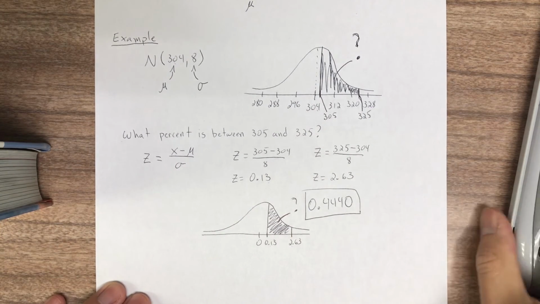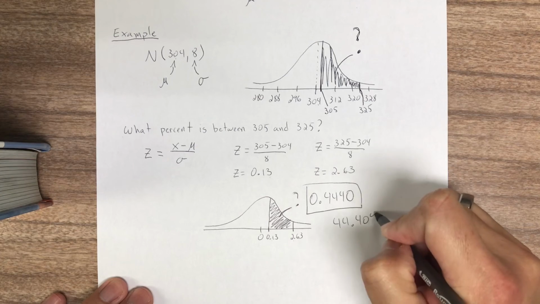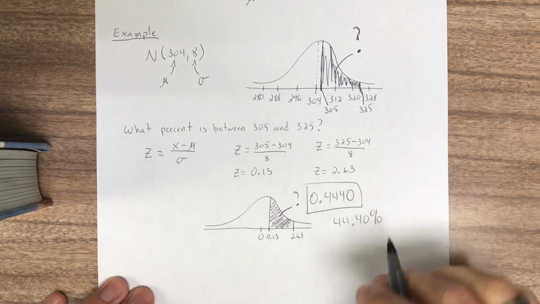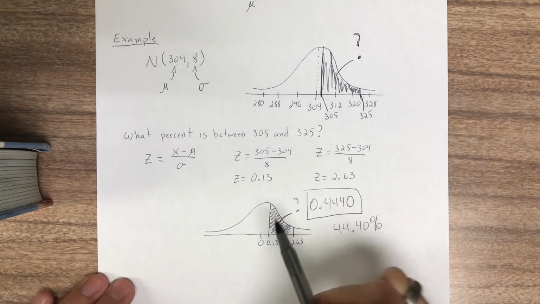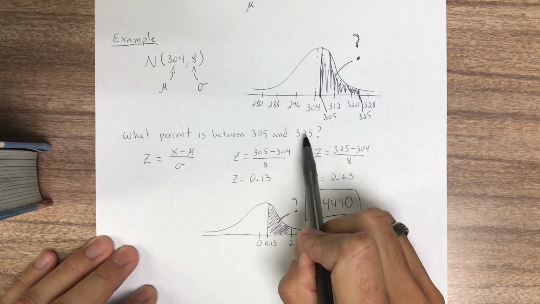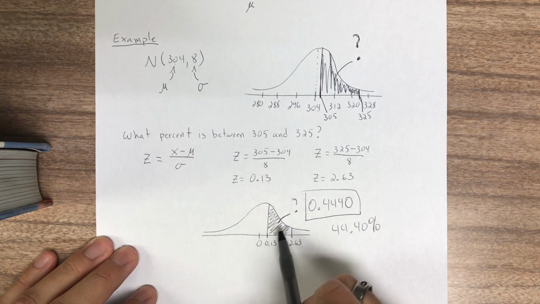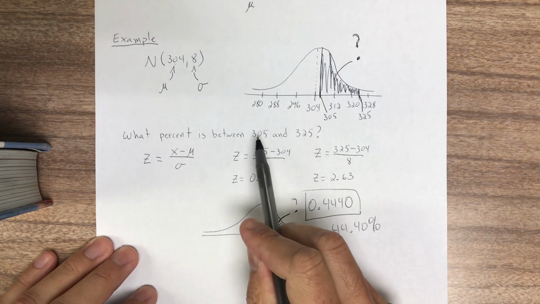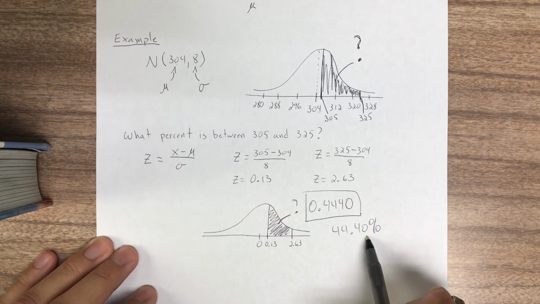Or as a percent, you can also say the area under the curve is 44.40%. That's the proportion. That's the actual percent of the population between 305 and 325. So the proportion of the population that is between 305 and 325 is 44.40%.